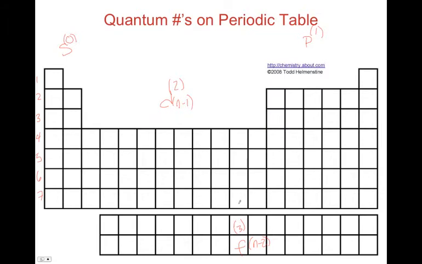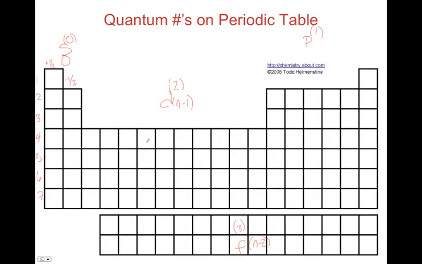Now let's get to the third quantum number, because the third quantum number is what really messes people up. Here's a quick and easy way, and you can just say, hey, this is the way that it's done, if it makes it easier, okay? So everything that's in the first row, okay, this is the 0 orbital. Everything in the very first column is a positive half. Everything when it goes into a second column is a negative half.